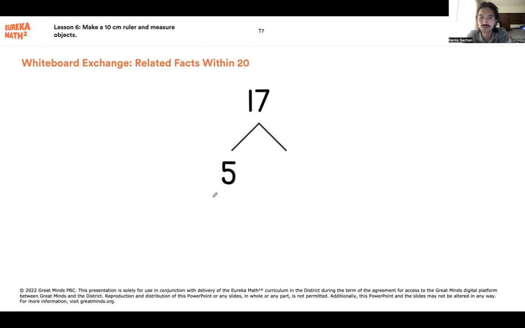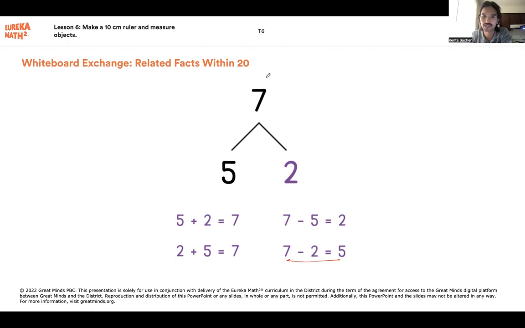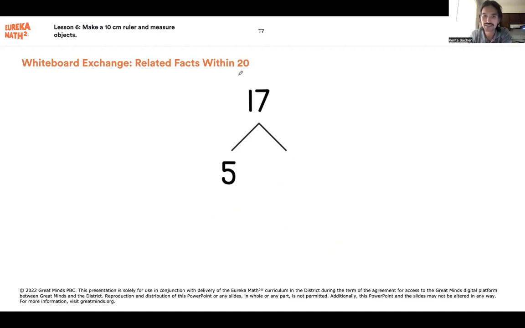Okay, now we got a bigger one. Now, it looks kind of similar to the last one, right? Now, instead of 7, though, we're going to be doing 17. We're still taking away 5, but instead of just 2, since there's this extra 10 here, we're going to put an extra 10 right here. Because instead of 5 and 2, it's 5 and 12.